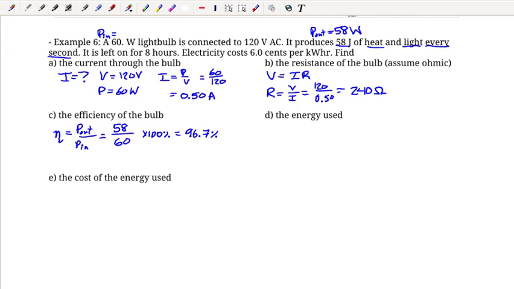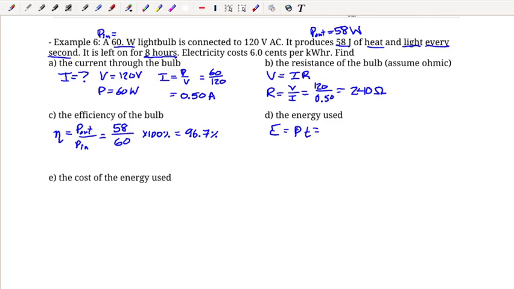All right, part D, find the energy used. Well, energy is equal to power times time. We're told it's left on for 8 hours, and we're given a power of 60 watts. This is the energy used, not the energy produced. That's why we're going to use the 60 watts, the P in, not the 58 P out.